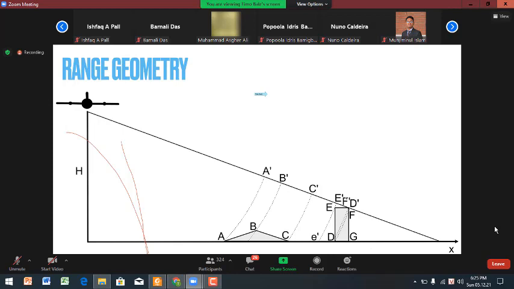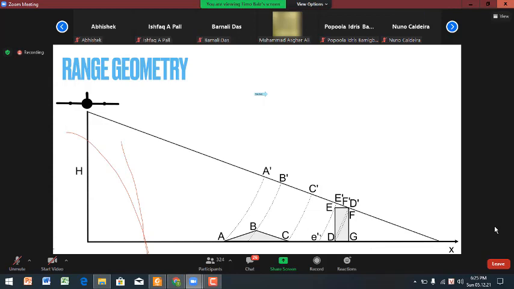This effect is called layover. So E is before D. And this effect has one more problem. The small e is the point on the ground that has the same distance to the sensor as the capital E. The signals from this point on the ground and this point on the building will be returned at the same time, which is to say, you can't separate them.